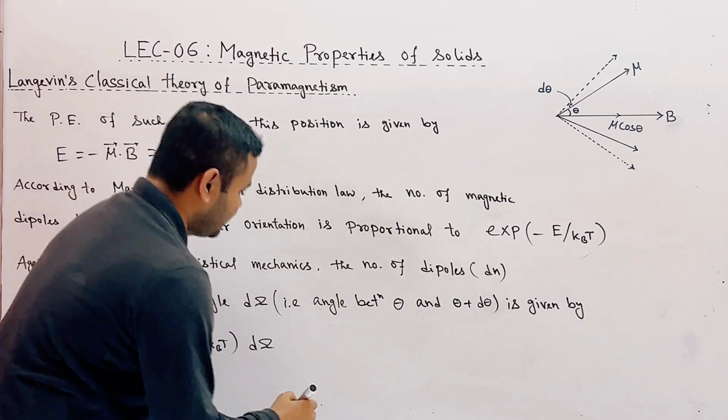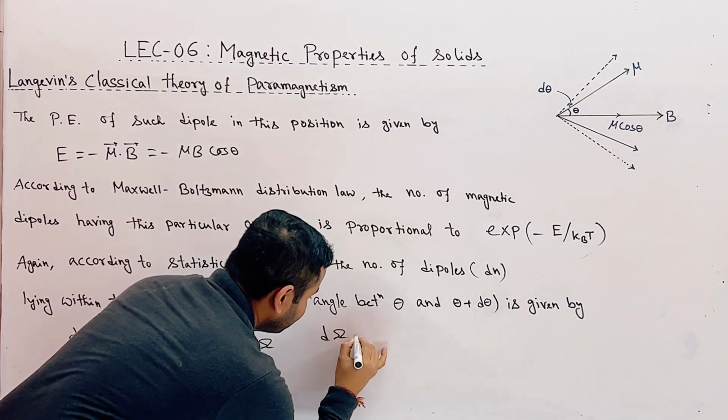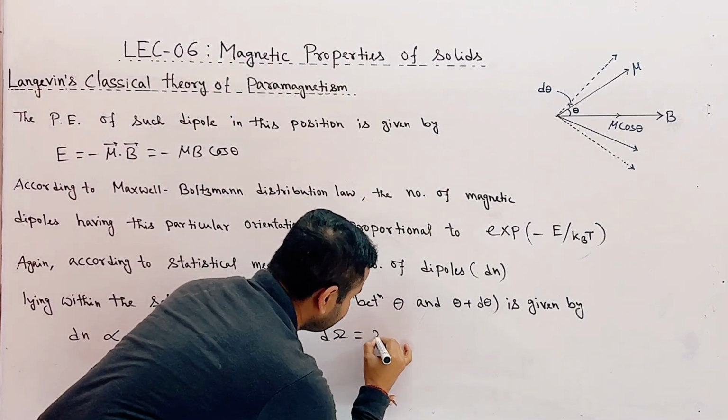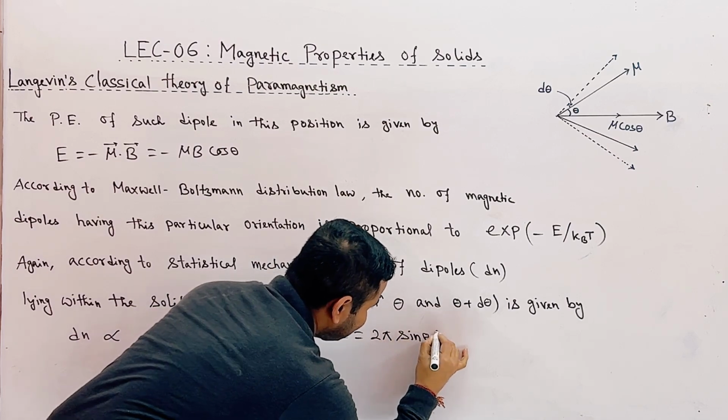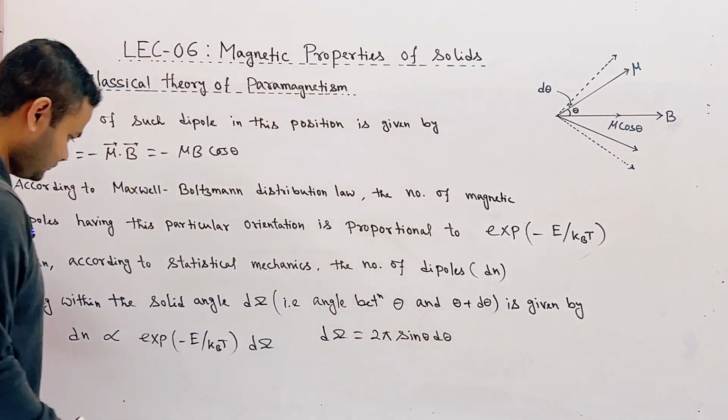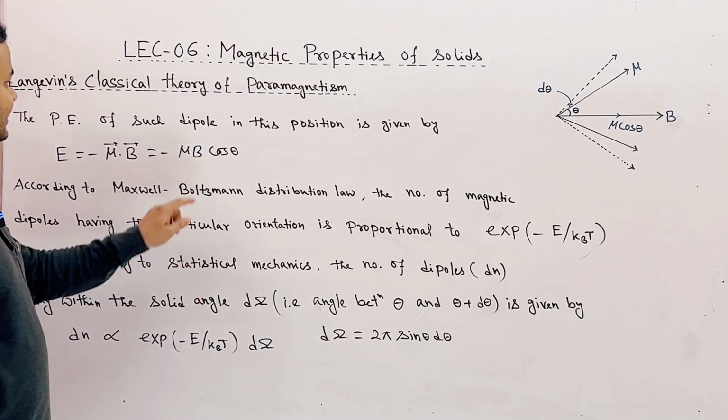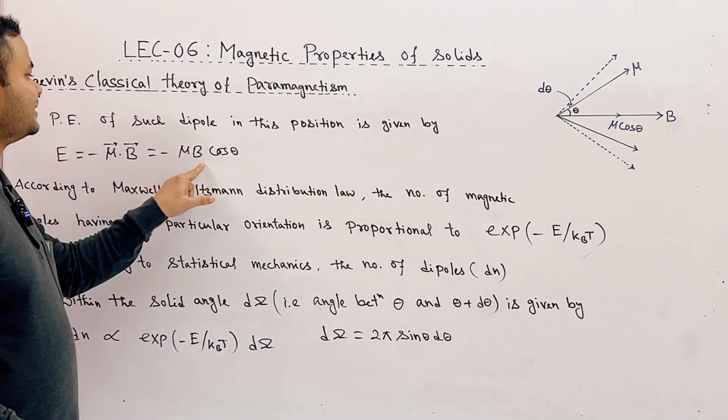We know that the value of solid angle d omega is given by 2 pi sin theta d theta. Again, the value of E is minus mu B cos theta.